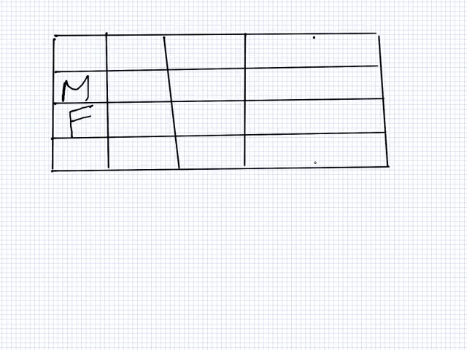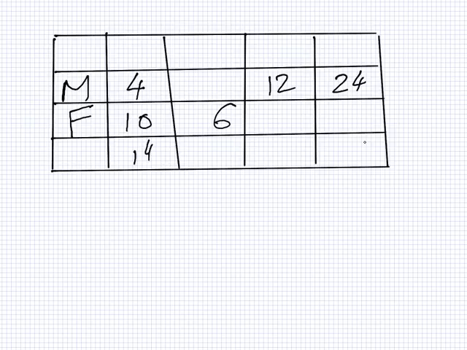And this one here will say 4, 12, 24, 10, 6, 14, 14 and 50. So what I'm doing here is I'm leaving some of the boxes out.